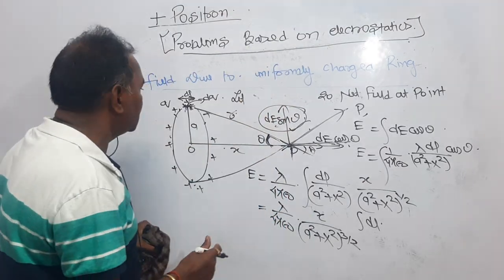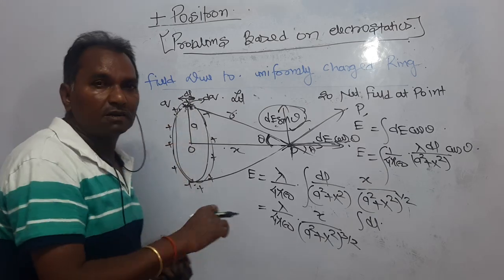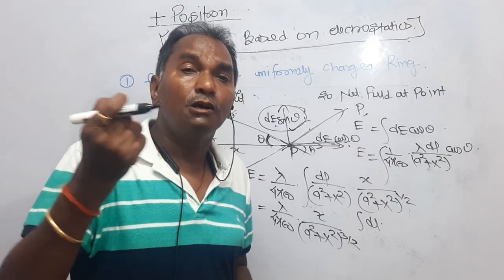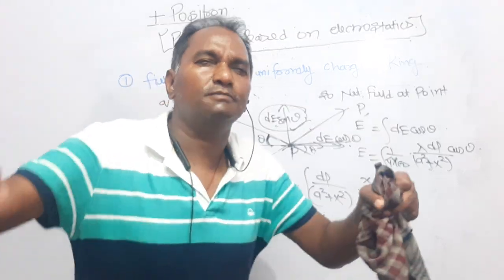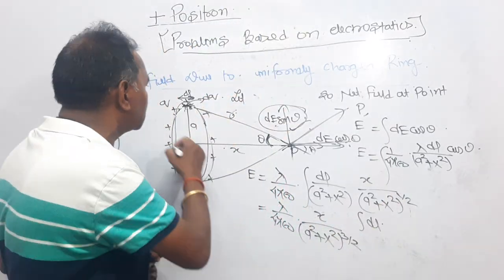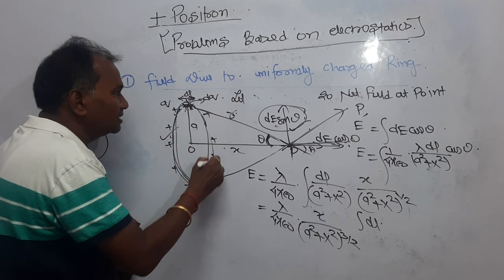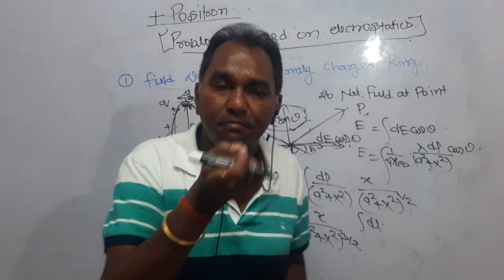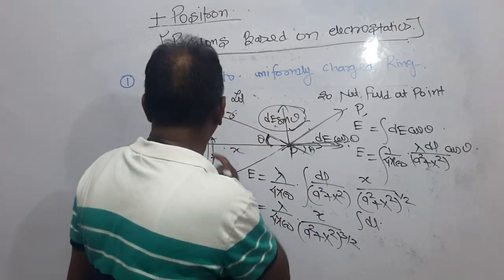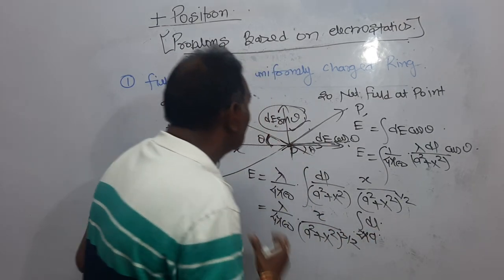This ring is made of such strips, right? Integral dl means you are adding, taking the summation of such strips, and that will turn into the ring. This integral dl represents the whole ring, and integral dl is the perimeter of the whole ring, and that works out to be 2 pi a.